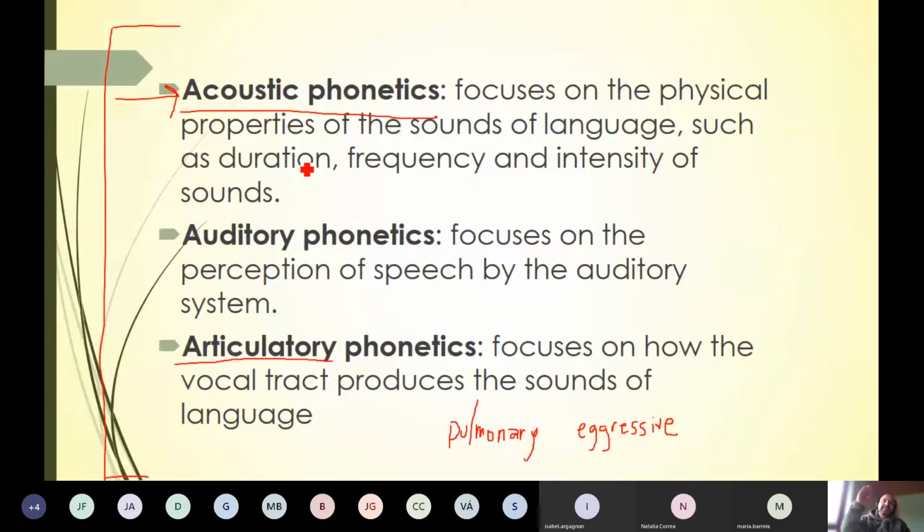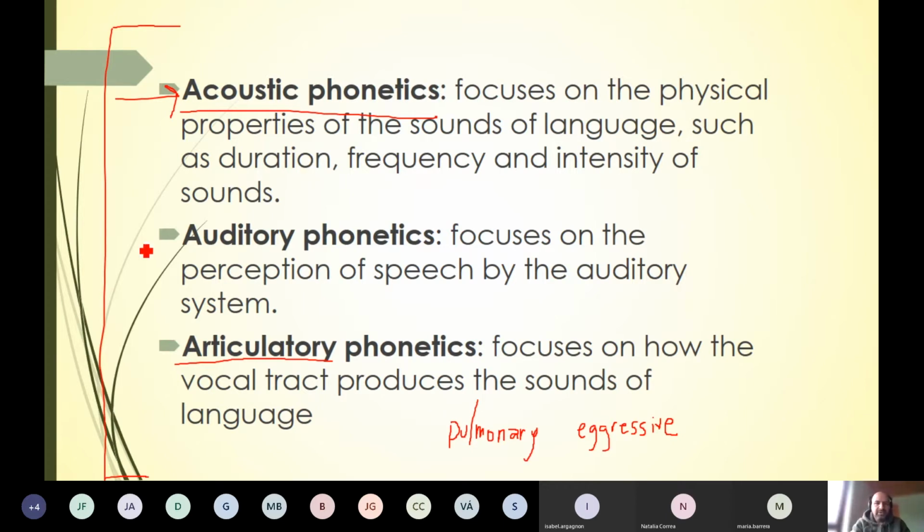And these sound waves reach the listener's ears. Now, how do you interpret these sounds? How does your brain interpret these sound waves that are decoded, what we say in Spanish, decodificadas? How do you understand this spoken speech or message?